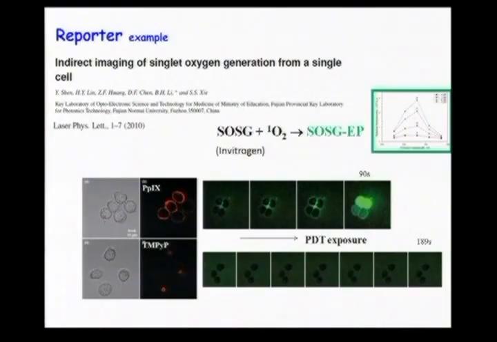Here is cells incubated with PP9, and as the PDT exposure goes along, you get more and more of this fluorescence, and so this essentially reports the singlet oxygen that is generated. And in a situation where you do not generate singlet oxygen, the conditions are set up so this doesn't generate singlet oxygen, you do not see any signal. So this is very nice.